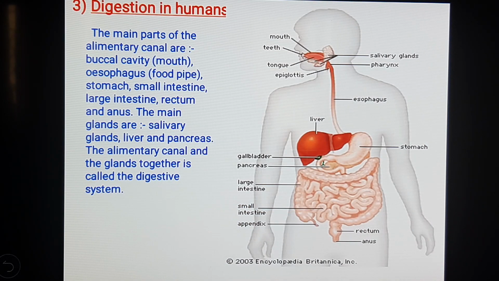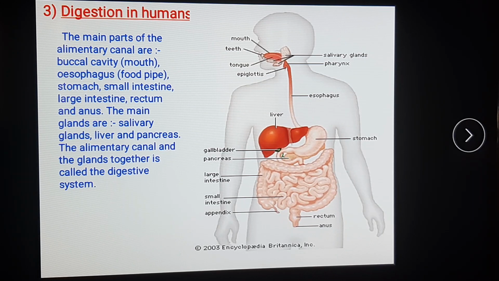The next point is digestion in humans. The main parts of the alimentary canal are buccal cavity, means mouth, esophagus, means food pipe, stomach, small intestine, large intestine, rectum and anus. These are the main parts of the alimentary canal.